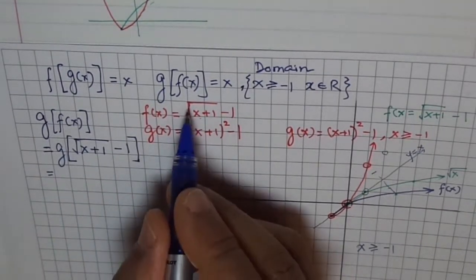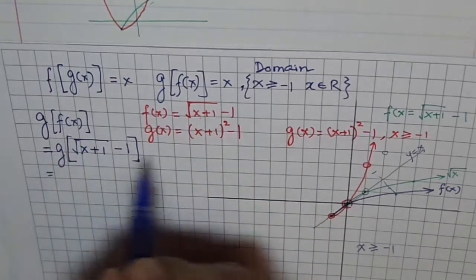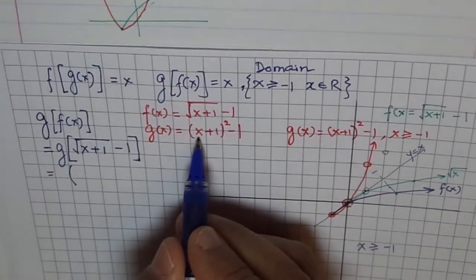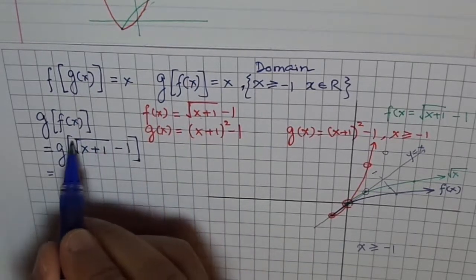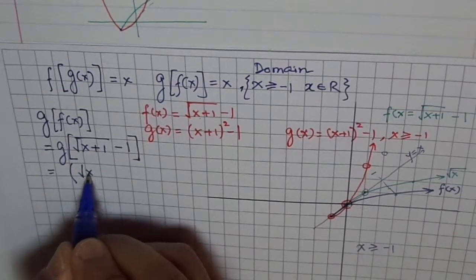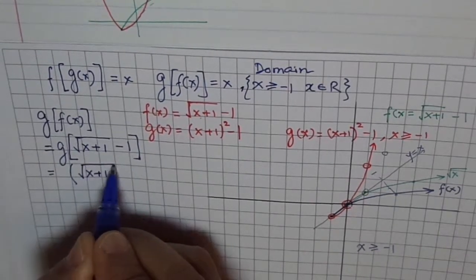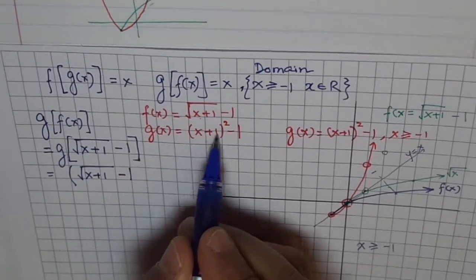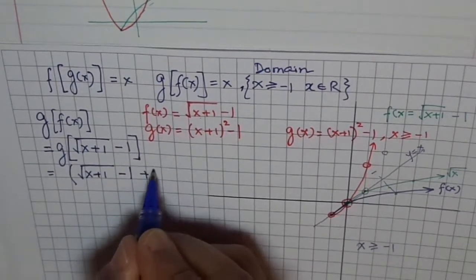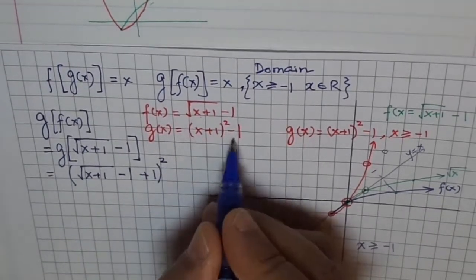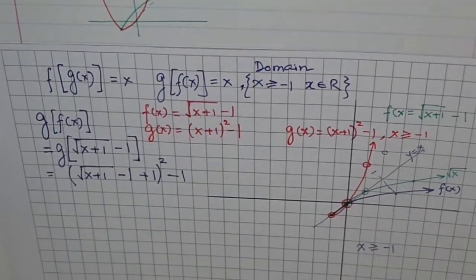This is equal to square root of, the function is x plus 1 whole square minus 1, and instead of x I'm going to write all that is inside this. Do you see that? So it is (square root of x plus 1, minus 1, and then after that we have plus 1), bracket closed and square, then minus 1. Do you understand?